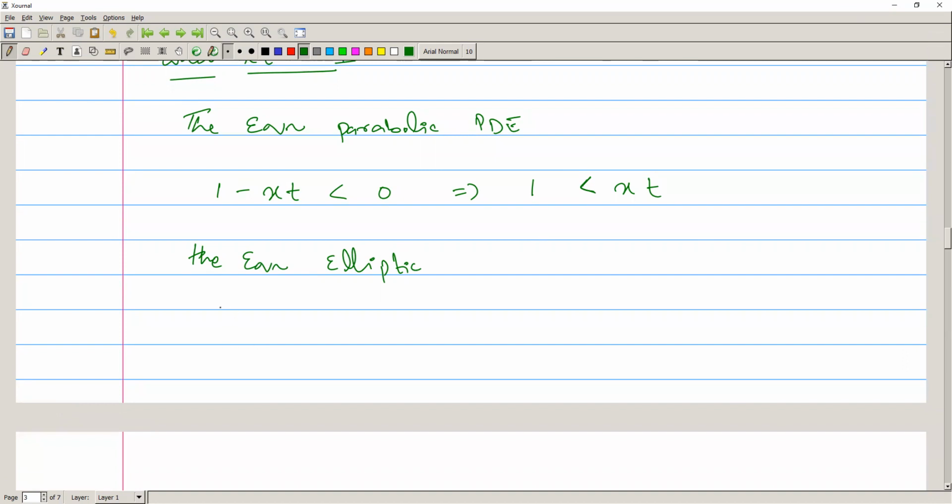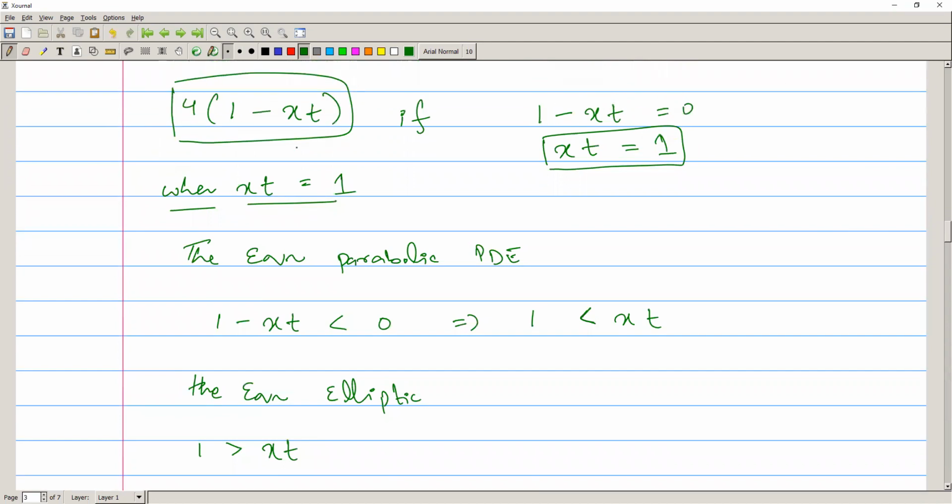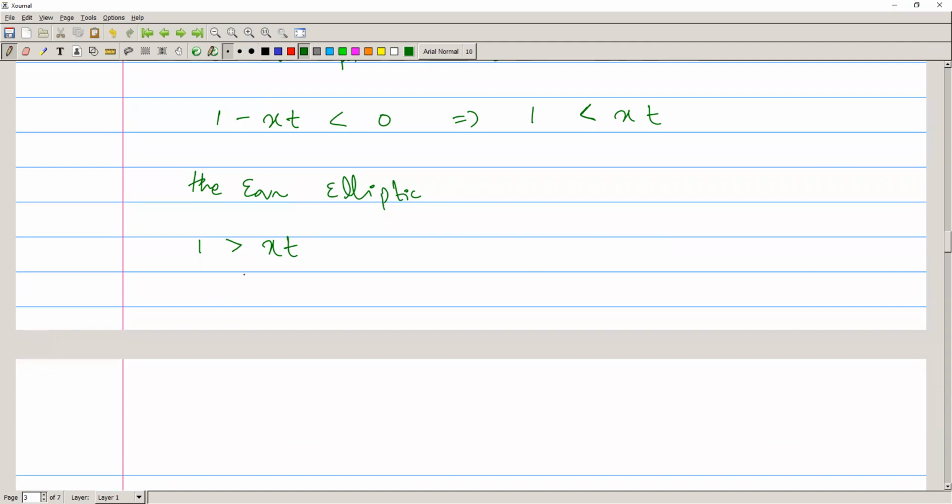right? And the last case is if 1 is greater than xt, or xt is less than 1. So what will happen if xt is less than 1? If xt is less than 1, this whole value will be positive, will always remain positive. So xt is less than 1 but not equal to 0, right?